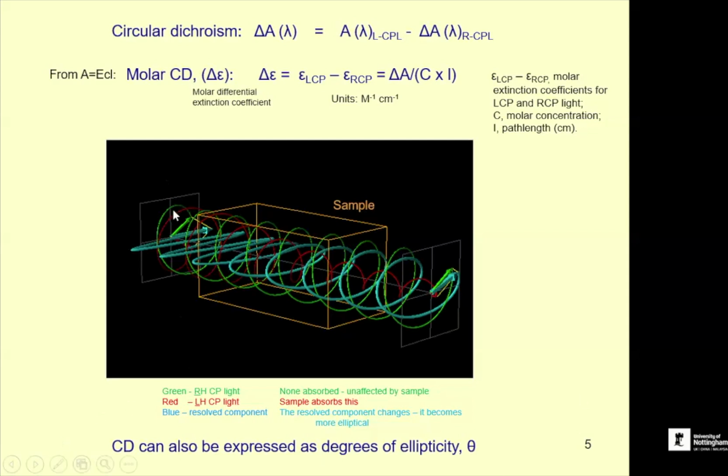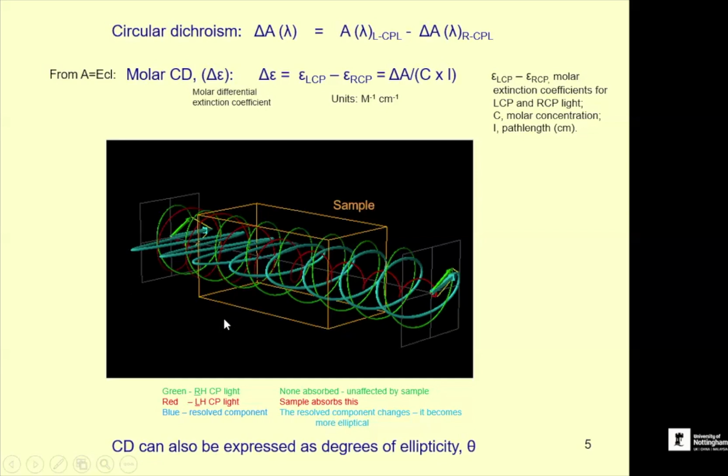So the green, this is the source, and it's going to run through a sample of some sort. So at the source, the green represents the right-handed circularly polarized light, and the red the left-handed, coming out of the source in equal amounts. Before it hits the sample, you have a resolved component of those two, which is shown here as the wave, the resolved component of those two, which is flat.